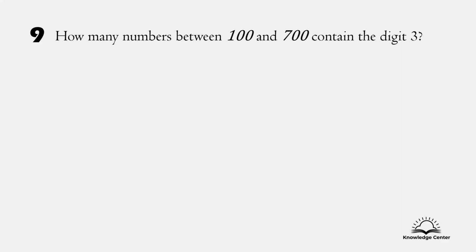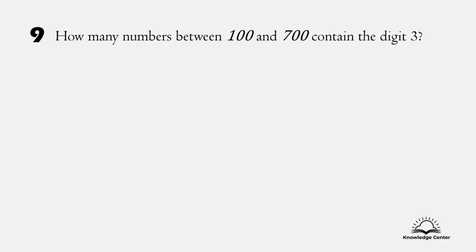The first thing a student might think about is going between, for every 100 numbers, how many contain the digit 3, and then multiply that by the number of hundreds between 100 and 700. I think that many candidates choose this route, which is just 6 hundreds.